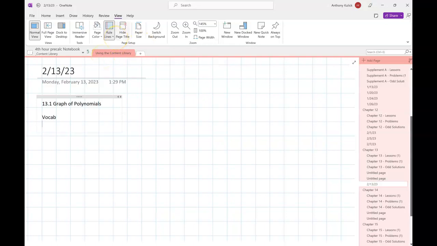So we're going to start off with two pieces of vocab that should be familiar to us. First is extrema. When we talk about the extrema for a graph, what are we talking about?